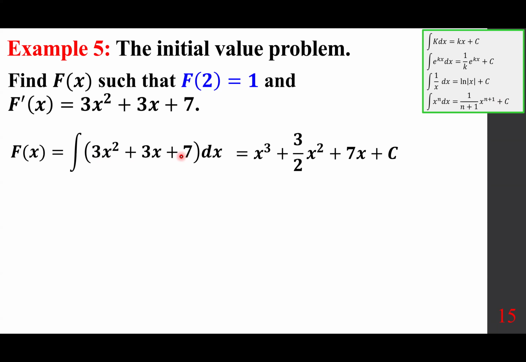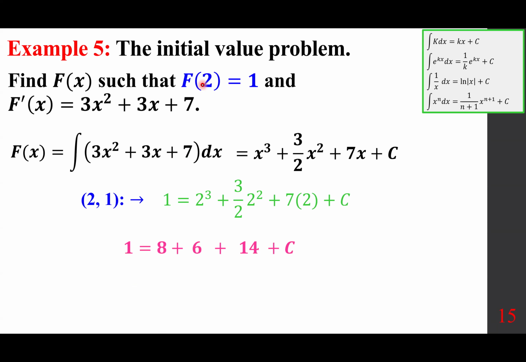Again, a general solution. We have a pair, f of 2 equals 1. That means we have a pair 2 comma 1. Replace the x with 2, y with 1, observe. I hope you see what you get. So just to make sure we understand how we arrive at this, when we plug in, class, this is 4, this is 8, right?